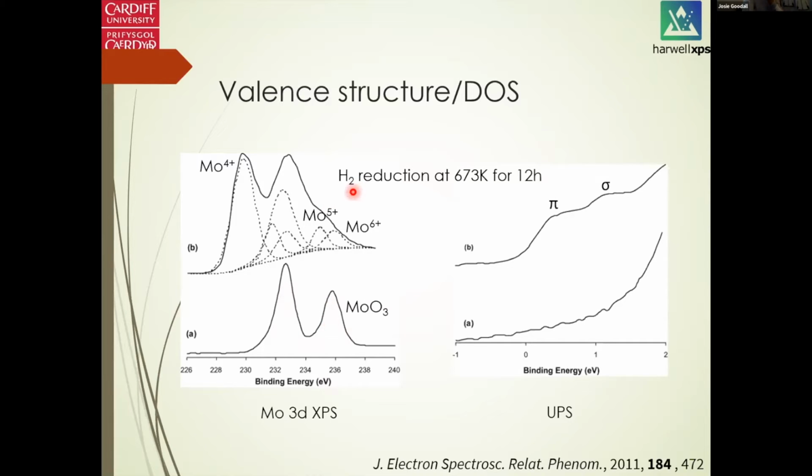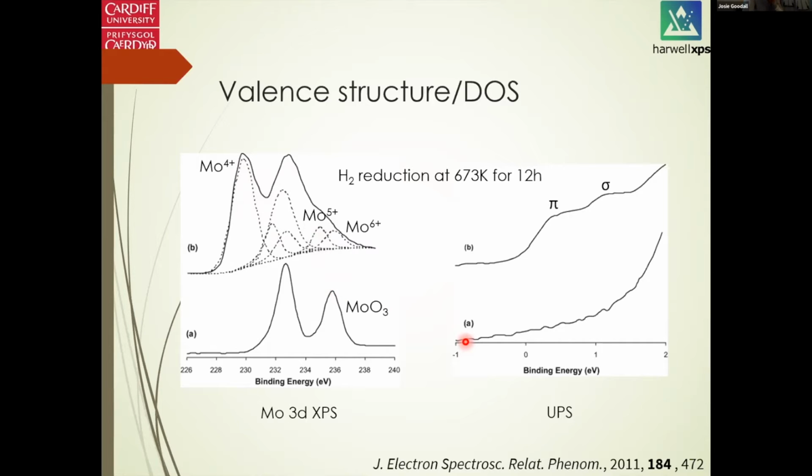However, after the hydrogen treatment, we could see the molybdenum oxidation states have been reduced to several lower oxidation states, such as molybdenum 4+ and possibly molybdenum 5+. This is what we can get from XPS.